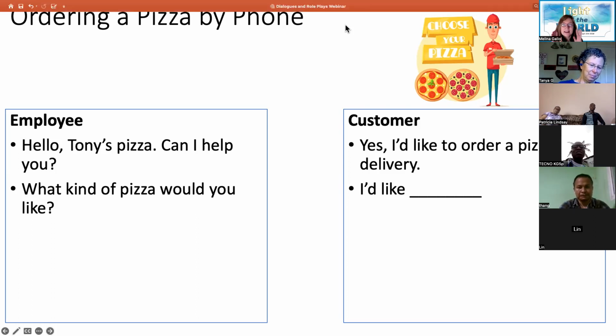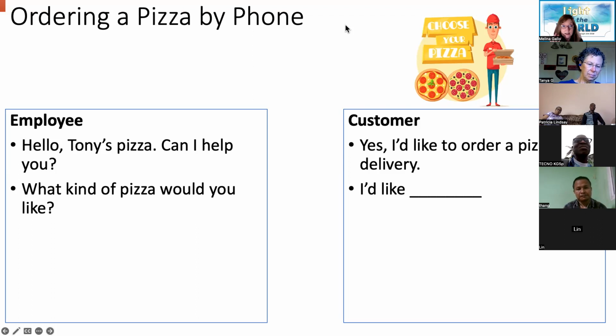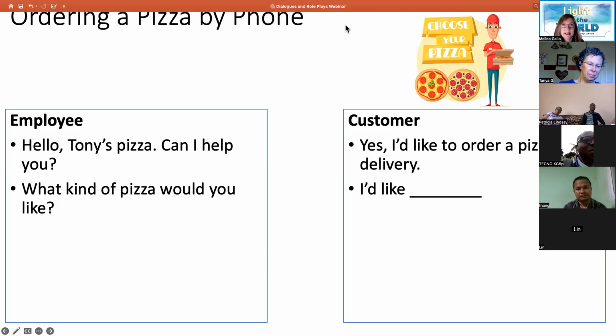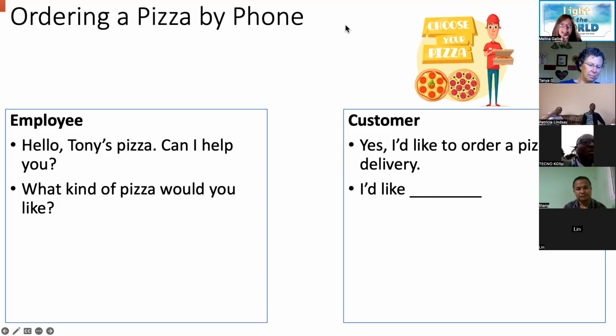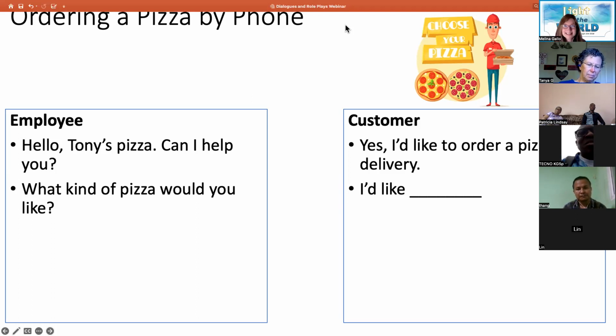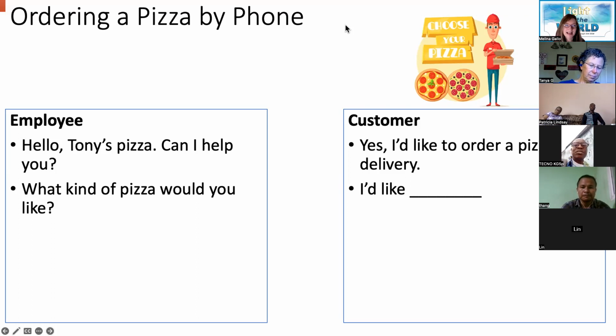Because in person, you can see their face, you can see their gestures, you can know if they are confused or if they understand you. You can point to things. You can say, I want this, even if you don't know the name of this. But on the phone, you don't have any of that. You just have audio.